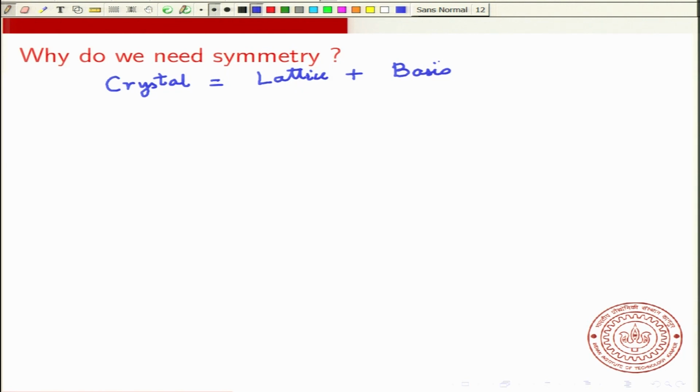What we mean by this is that if you want to generate the entire crystal, you take the basis atoms and you put them at each of the lattice points, and that will generate the crystal.